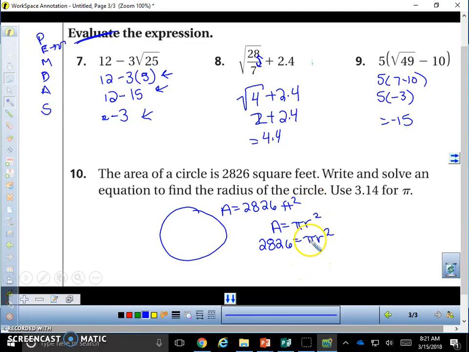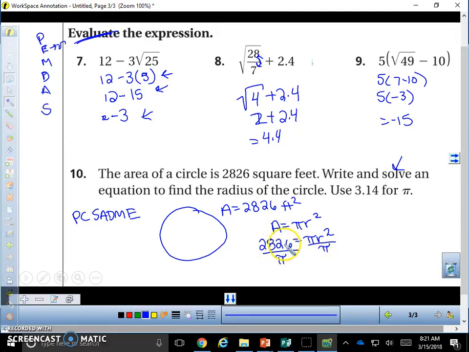Alright, now we're going to go through and divide by pi. And solve, we have to go through please excuse my dear Aunt Sally. Okay, that's why I did the division by pi.